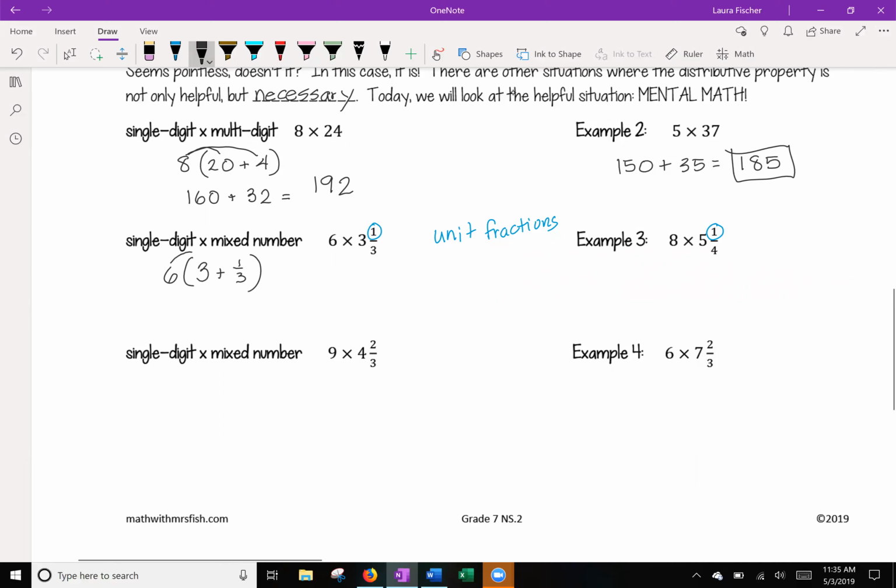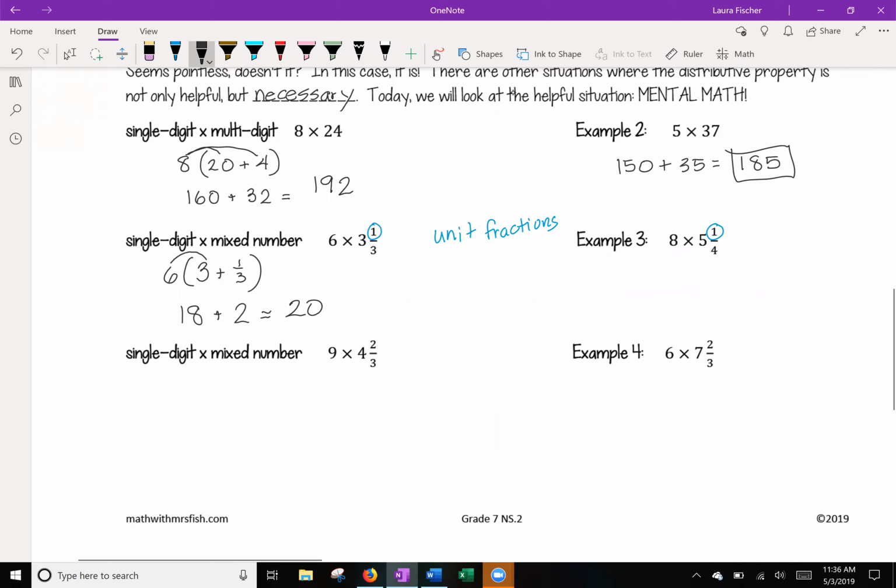And then the mental math comes in. 6 times 3 is 18. 1/3 of 6, and remember, in multiplication we use the word of. 1/3 of 6 means 6 divided by 3. My mouth is moving faster than my brain. 1/3 of 6 is 2. Put them together, you get 20. Isn't that cool? To me, that is just incredibly cool.